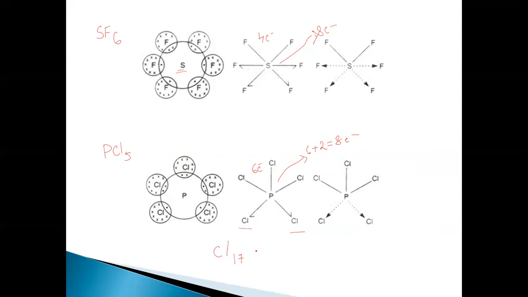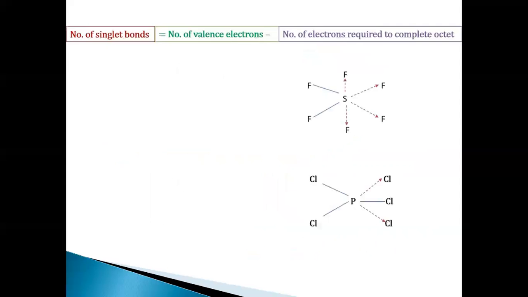Its atomic number is 17, so the electronic configuration is 2, 8, 7. The outermost configuration is 7, only short of 1 electron to attain 8 electrons, that is the octet rule. This is how we explain the structures of PCl5 and SF6.